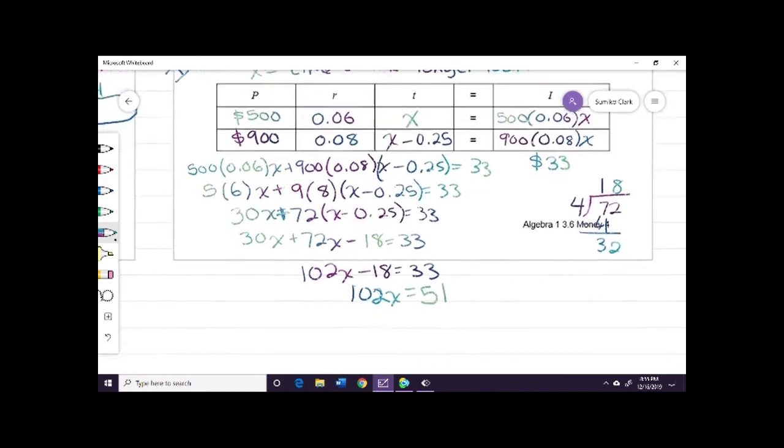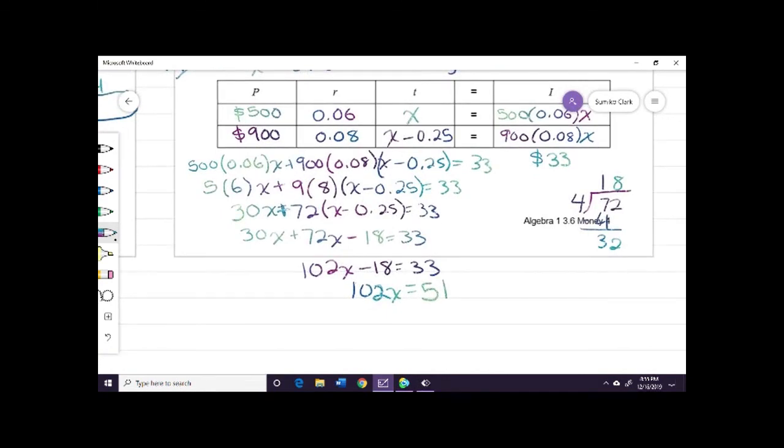Scroll up just a bit more. And then we want to get x by itself, so we're going to divide both sides by 102. So then we get x is equal to, and 51 times 2 is actually 102, so we know that this is 1/2.